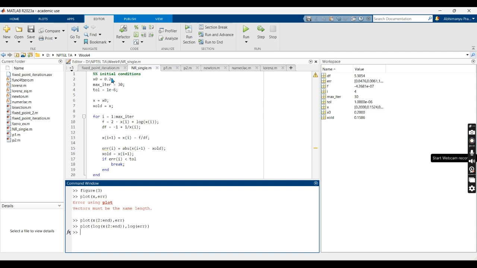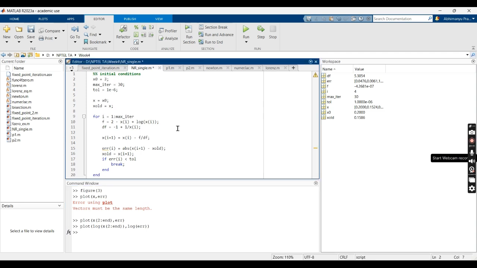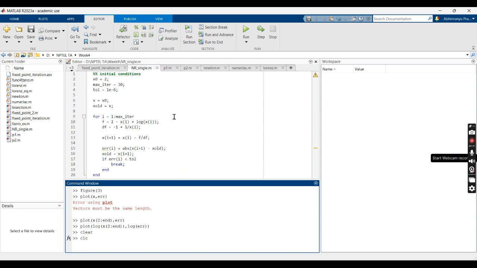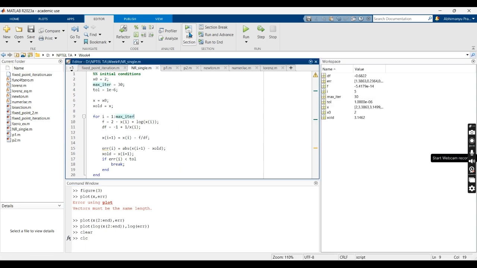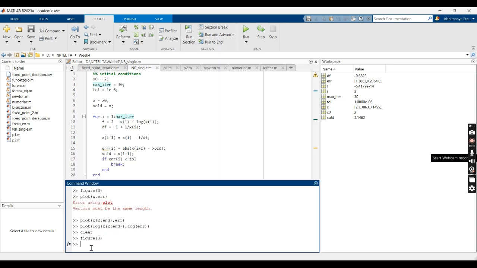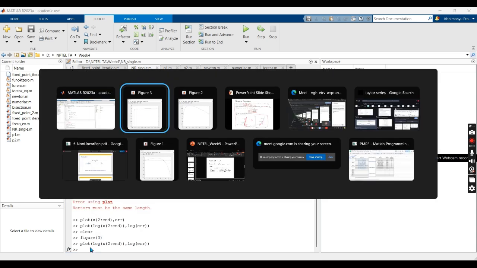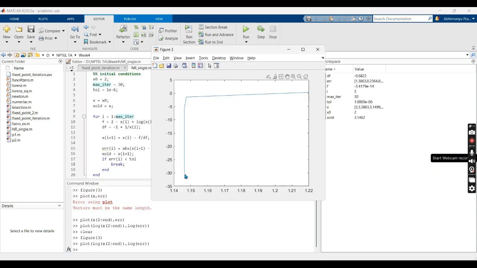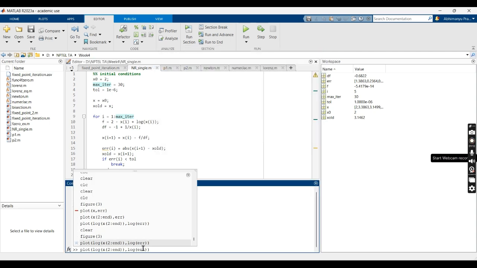Let me go to some initial point far away. This converged in 5 iterations only.